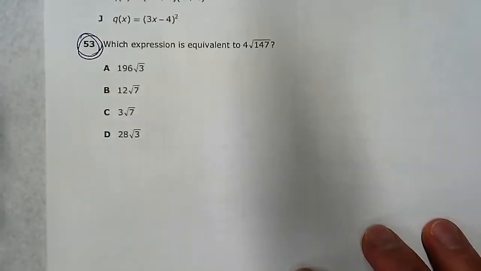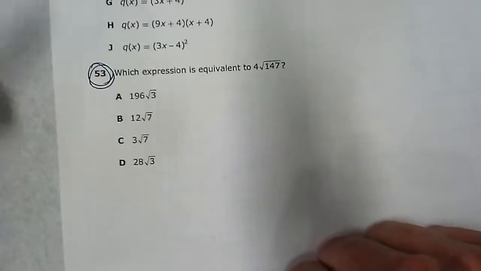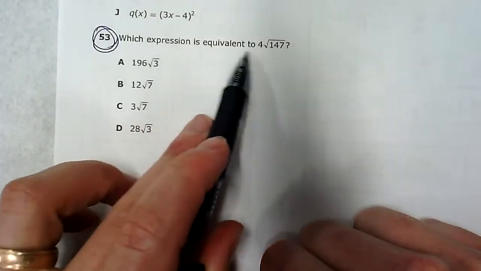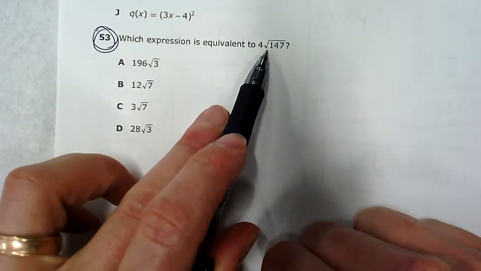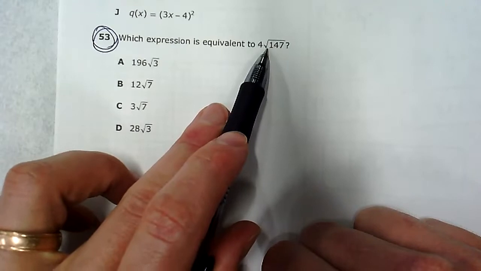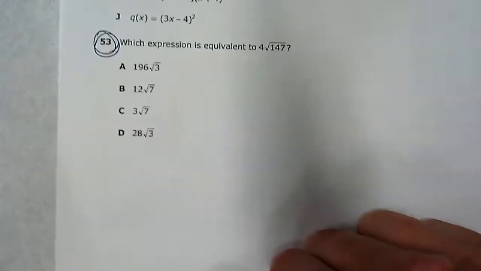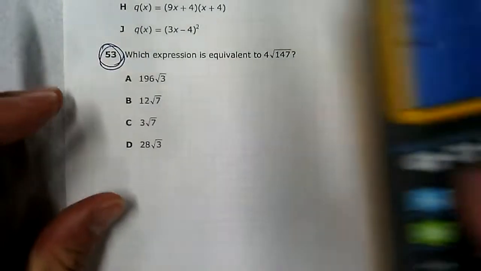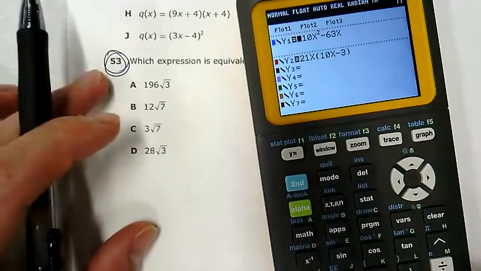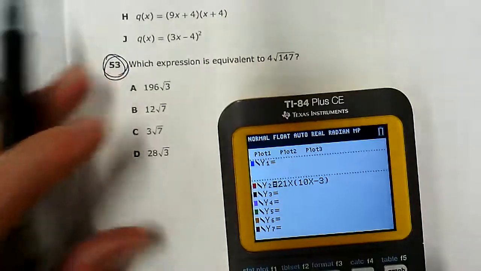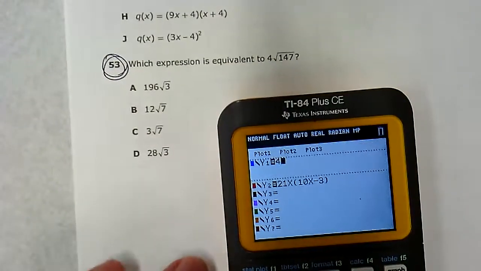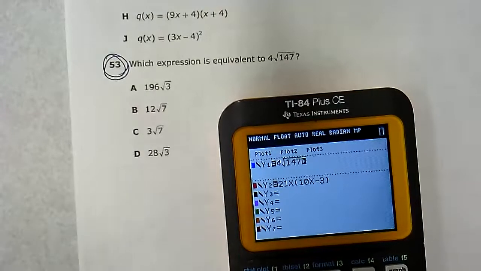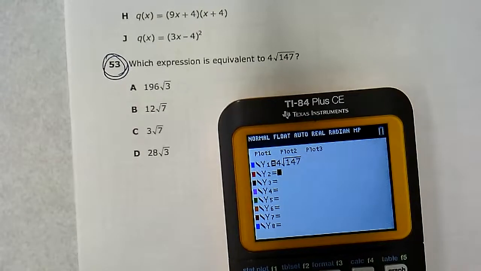Okay, the other question. I flipped my page over and I'm going all the way to the bottom, to the last question. Which expression is equivalent to 4 square root of 147? Same process. I'm going to take 4 square root of 147 and type it into y1.